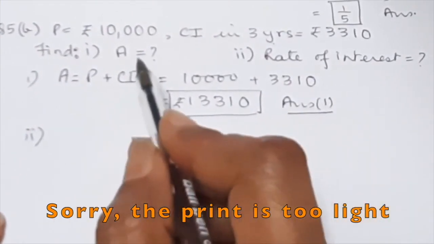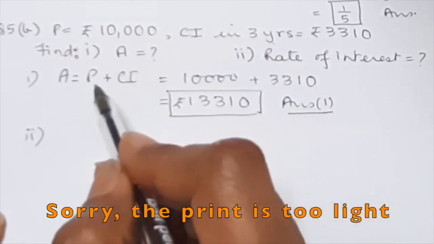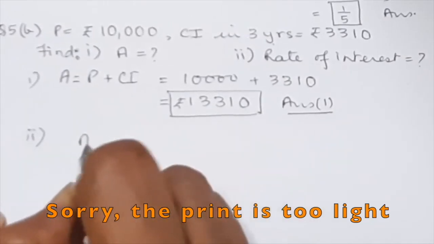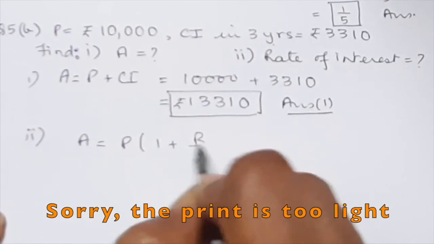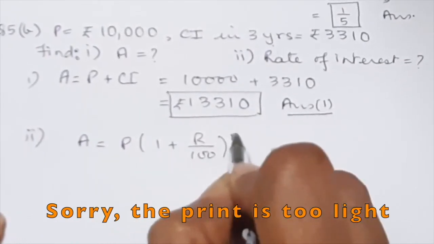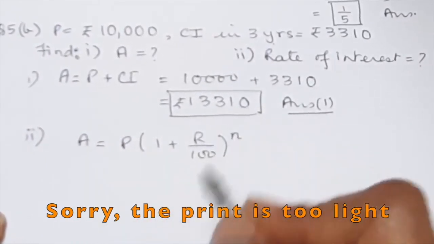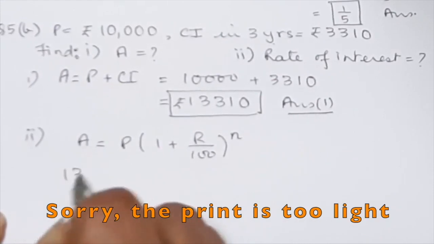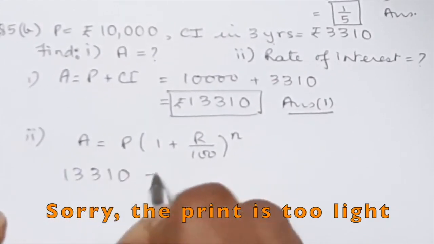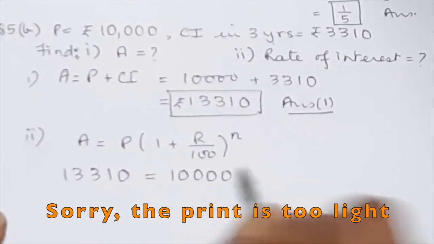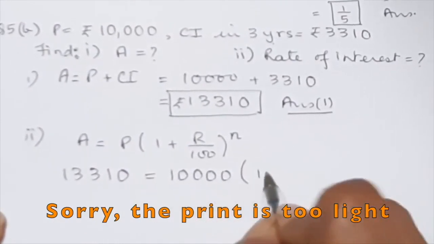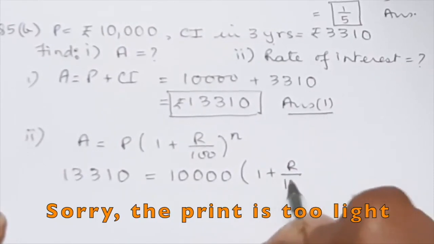So we are going to connect amount with the principal, and our formula is A is equal to P into bracket 1 plus R upon 100 to the power n. So amount we have already found out. It is 13310 is equal to principal is 10,000 into bracket 1 plus R upon 100.